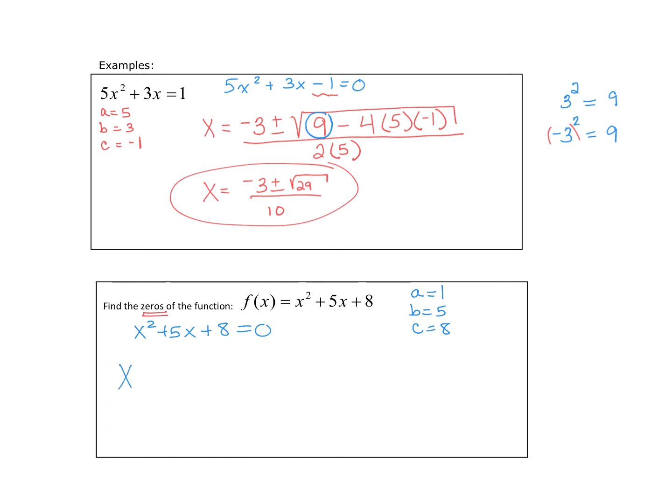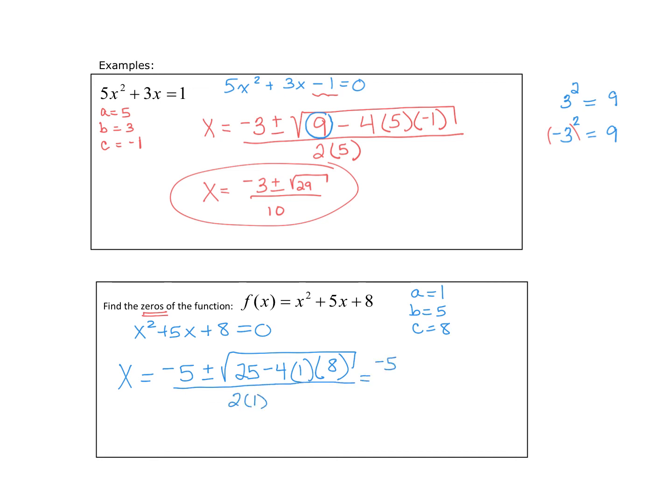And we'll get x equals negative 5 plus or minus the square root of b squared minus 4 times a times c all over 2 times a.